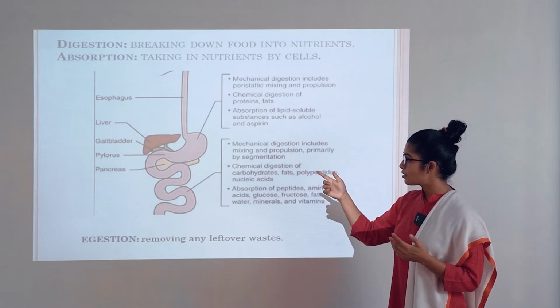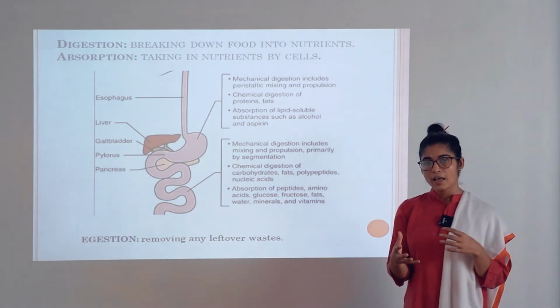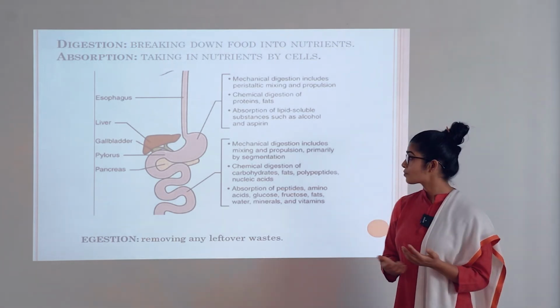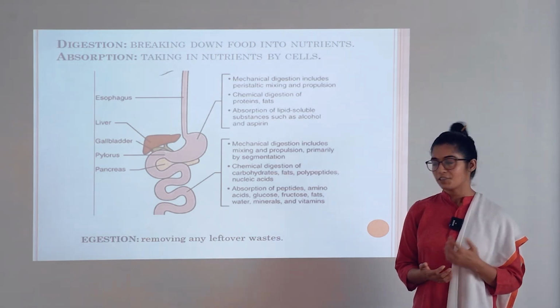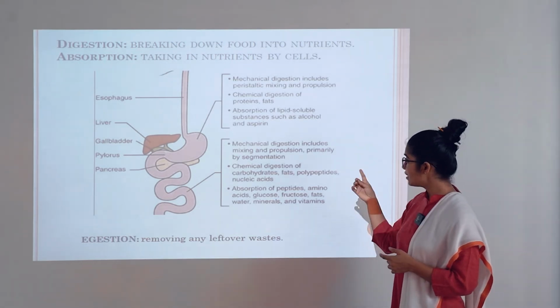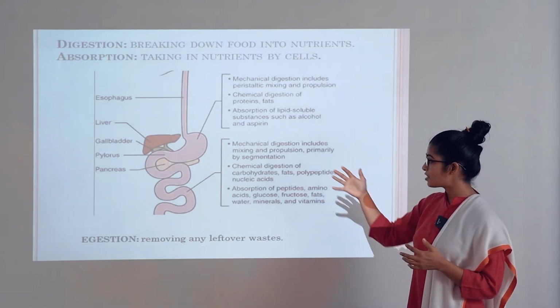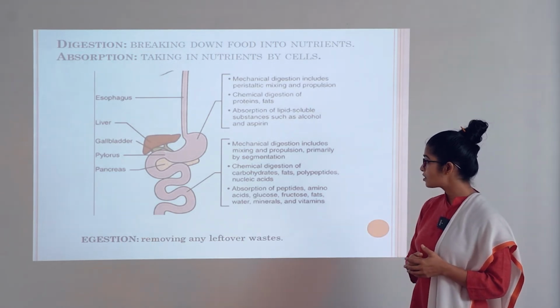Below the liver we have the gallbladder, and its function is to store the bile, and whenever we need bile during digestion, the gallbladder secretes it for the digestion of the food. Then what we see next after the stomach is the small intestine. What is happening here?